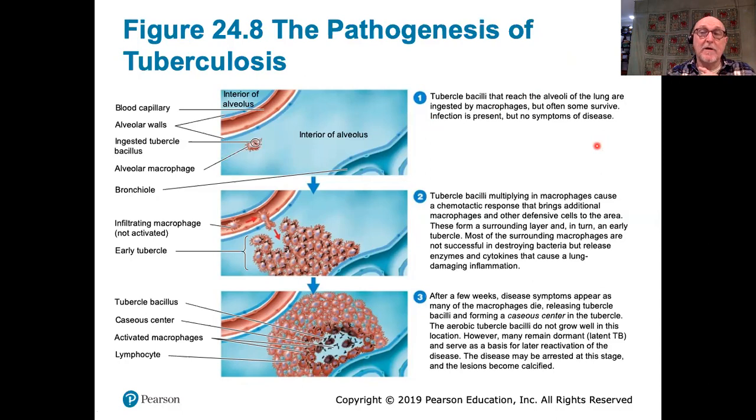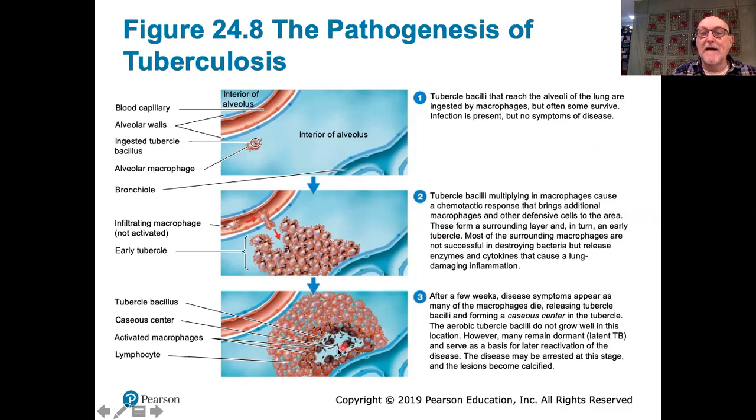In the case of tuberculosis, other macrophages begin to flock in to surround the infected macrophages. Some of those infected macrophages begin to die, burst, and spread the infection to clumps of macrophages surrounding them. So it forms a distinct clump like this.